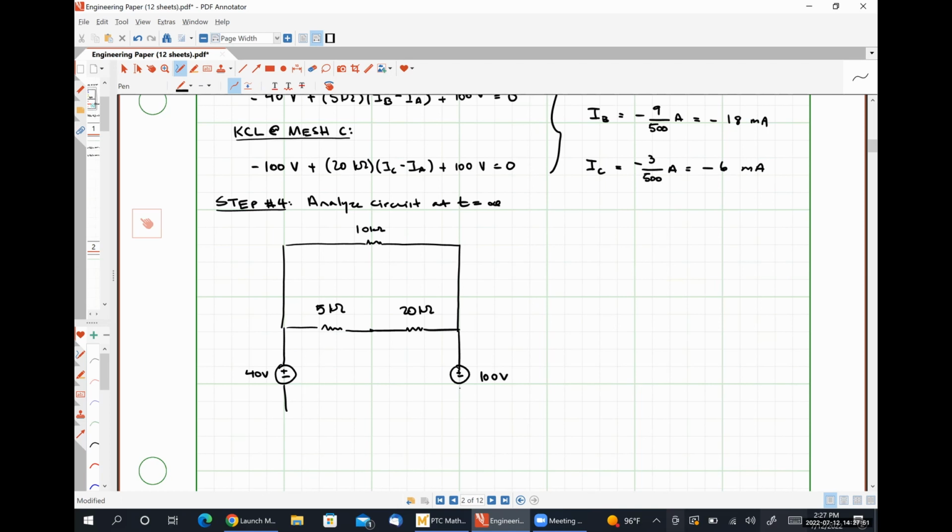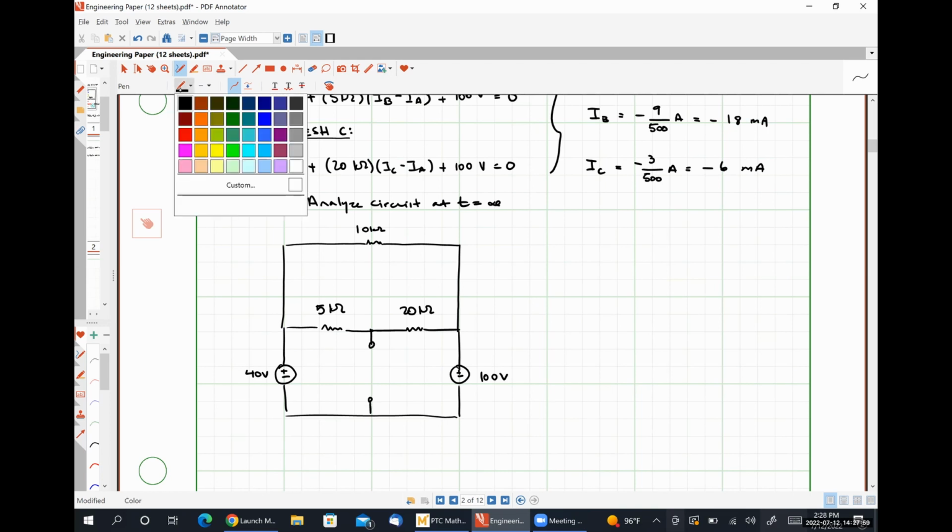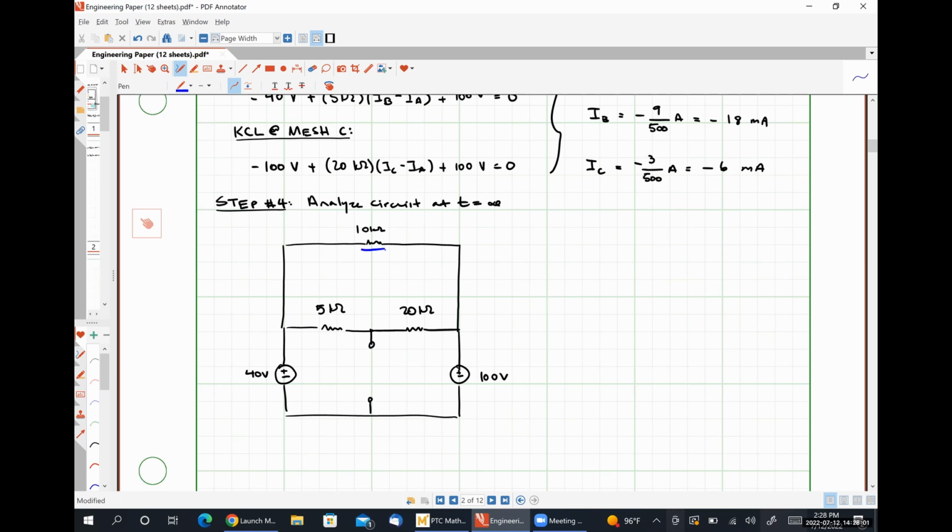Our 100 volt source goes here. Our capacitor looks like an open circuit. So here is I at infinity. And although we don't particularly need it for anything, let's go ahead and solve for VC at infinity as well.